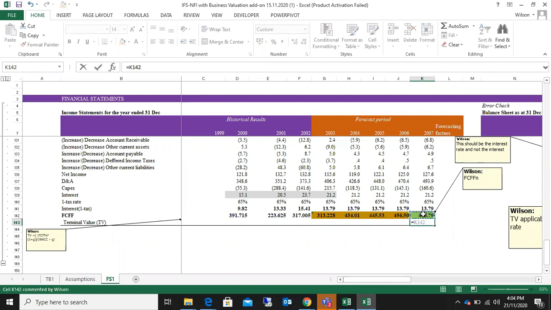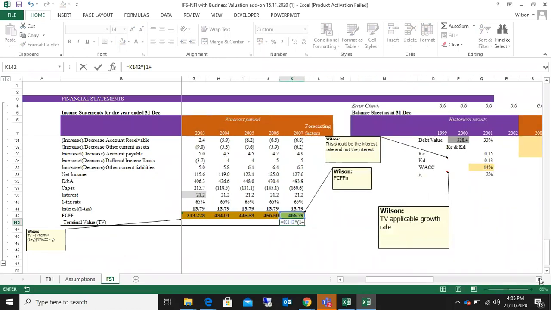Okay. So pick that times, we open a bracket, 1 plus. I don't want to type 2% here because I have to link it to this. So this can be included, fine, because it's an assumption. So this is picked here, right? Close it, okay?